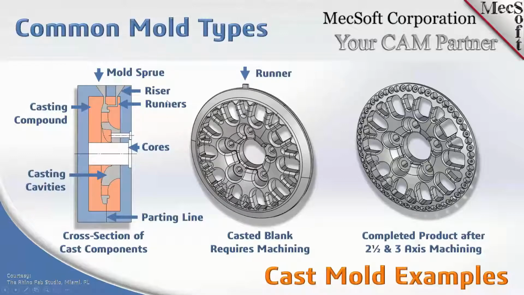If you look at the section view on the left, it shows the two halves of the casting mold in orange. And then the casted material is poured into the gray areas, to form the actual product. If you move over there to the far right, this is the end result of the casted product. So you want to be machining the blank, and you've got to be machining the final product.